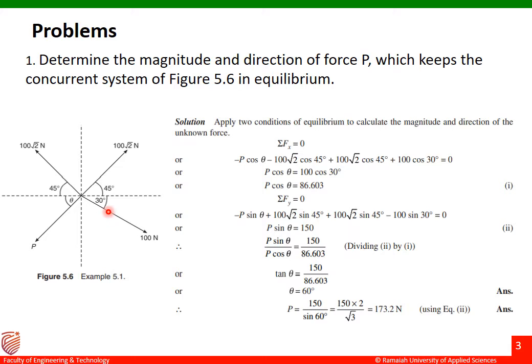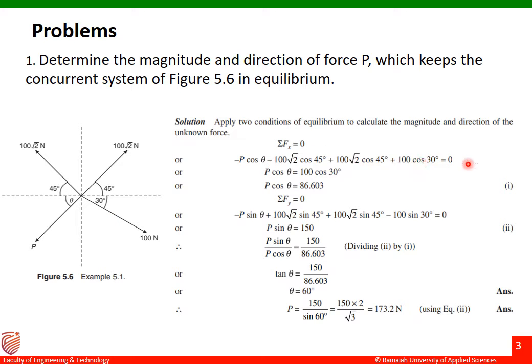cos 30. Okay, so I'll repeat this once again. We'll start from this, that is minus P. Theta is made with respect to the horizontal axis, that's why we are taking it as minus P. Why? Because it is acting towards the left side. Minus P cos theta minus 100 root 2 cos 45 plus 100 root 2 cos 45 and then plus 100 cos 30 equal to 0.